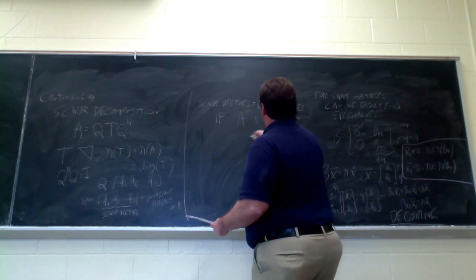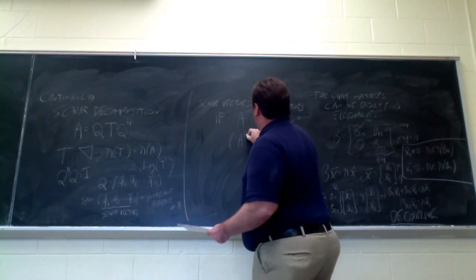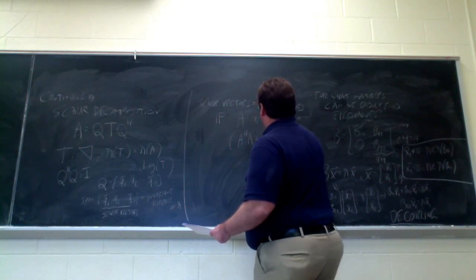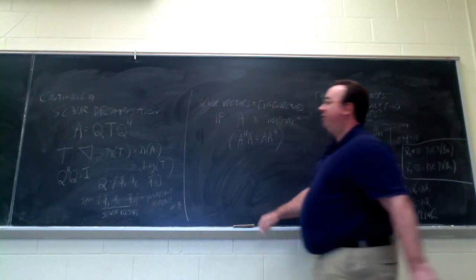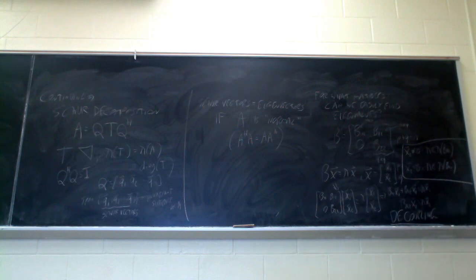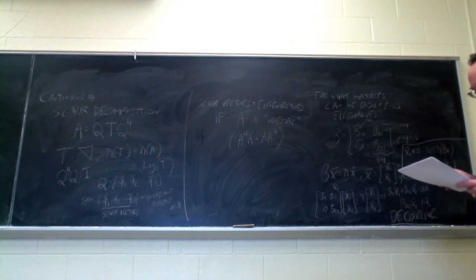A normal matrix means that it commutes with its own Hermitian transpose. This would certainly be true if A is symmetric, because then you just have A squared on both sides, or if it's skew-symmetric, so A is equal to minus A Hermitian transpose. For any normal matrix, the Schur decomposition gives you eigenvalues and eigenvectors. And what's nice about that is the eigenvectors are orthonormal, a very nice property for them to have.